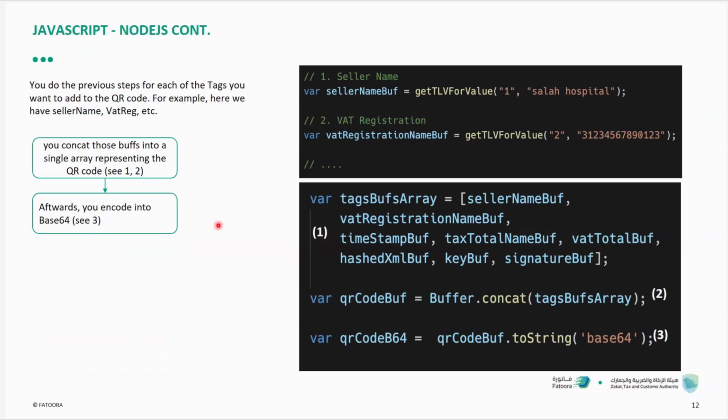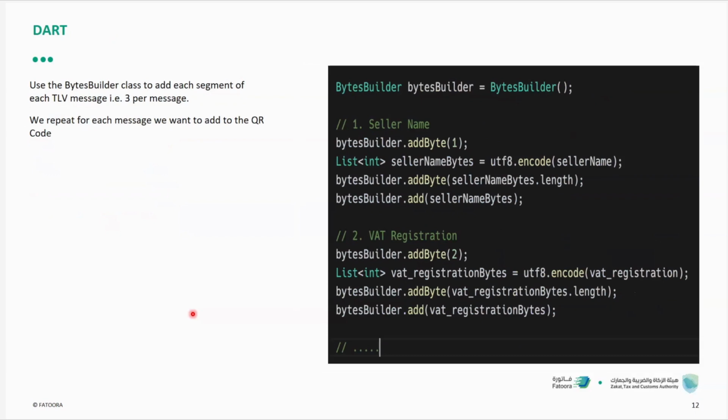And this is the next step in Node.js as well. These are the final steps that you need to do, which finally ends with encoding it into base64 encoding. Another example that we have is Dart.